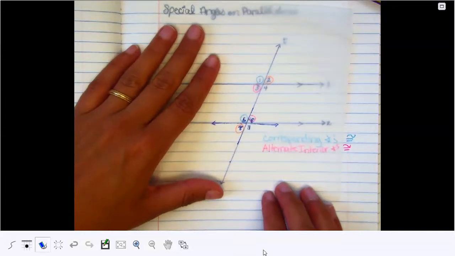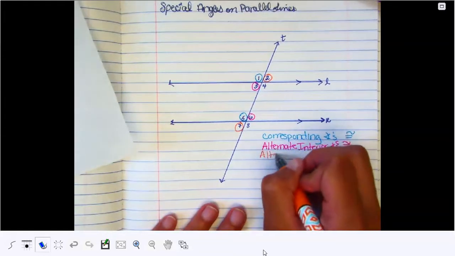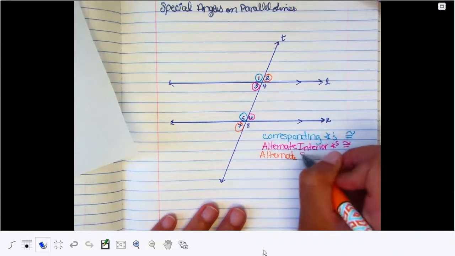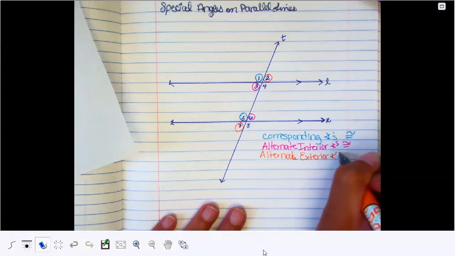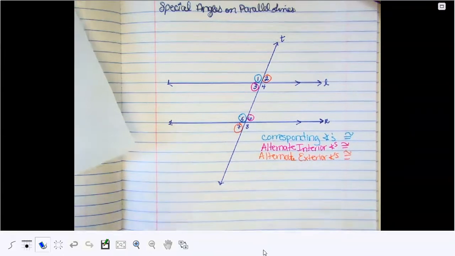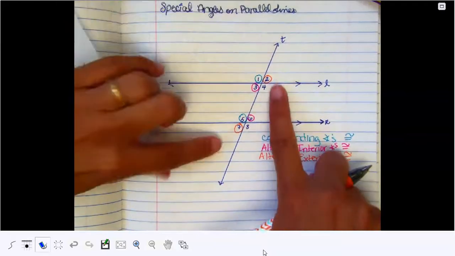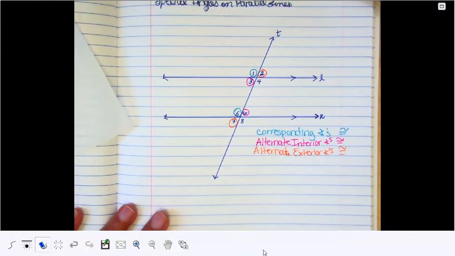Notice that those match up perfectly. So alternate exterior angles are also congruent. Okay, and you can see that we have 2 pairs of those, 1 and 8, 7 and 2. Okay, so those are the main things.